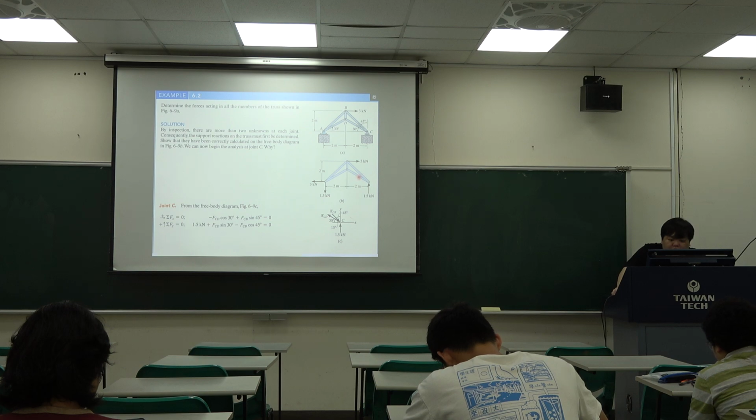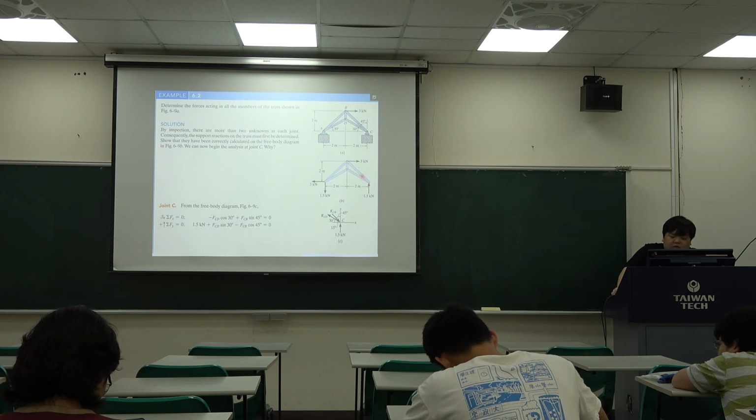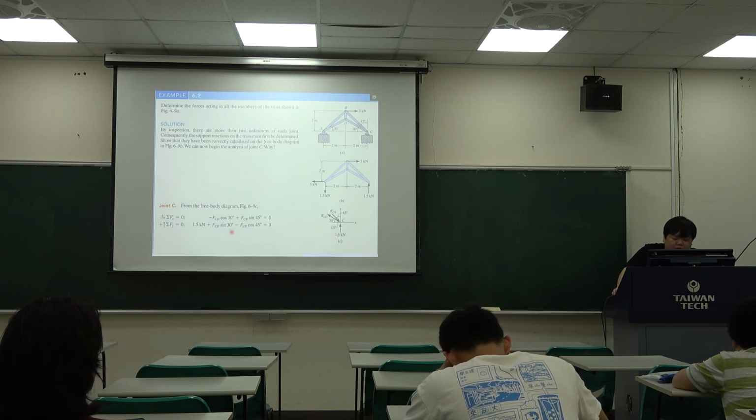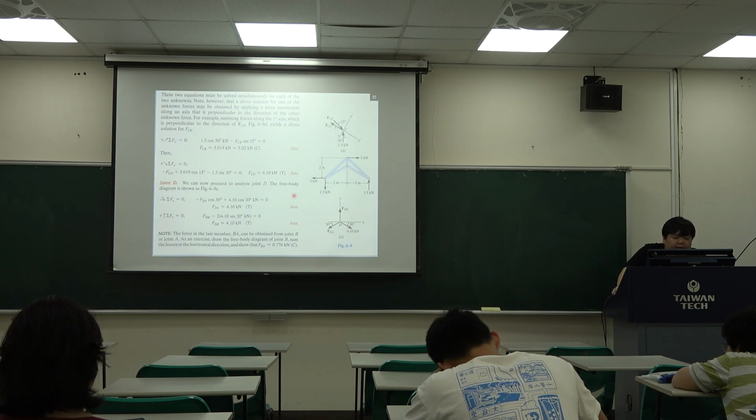Joint C here has one reaction force and two truss forces. So the free body diagram is like this. Then we can do the summation Fx equal to 0 and the summation Fy equal to 0. Using these two equations, we can get the answer.